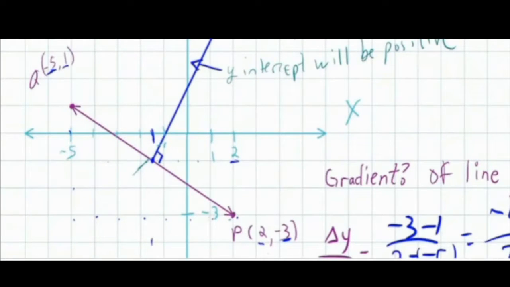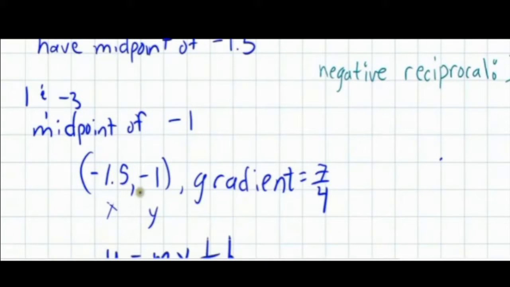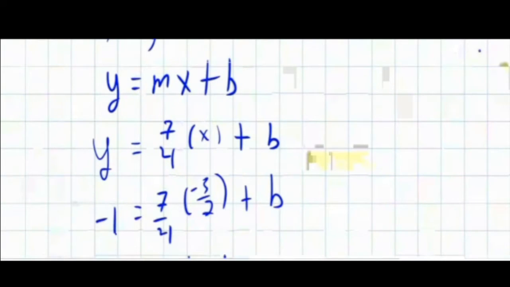So now we know that this perpendicular bisector line goes through the point that has -1.5, comma, -1, and it has a gradient of 7/4. And then knowing that the equation of a line can be represented by y equals mx plus b, we plug in our gradient, and then we can solve for what b is by using the point that we have.